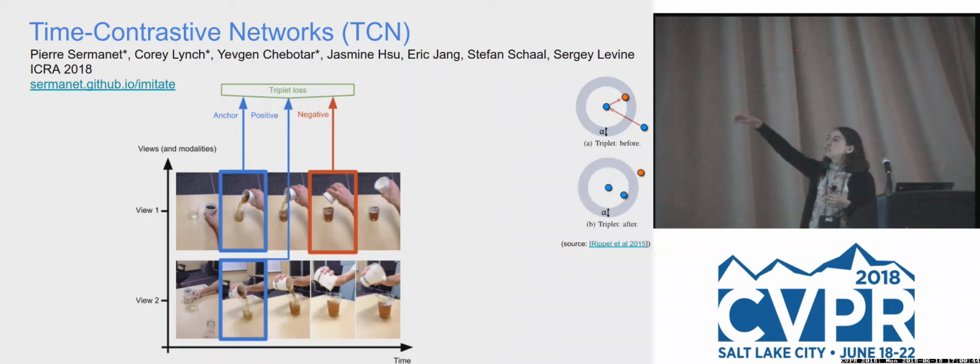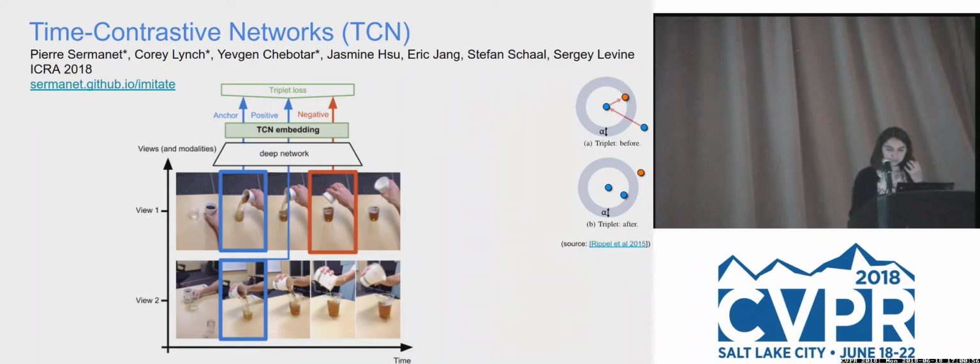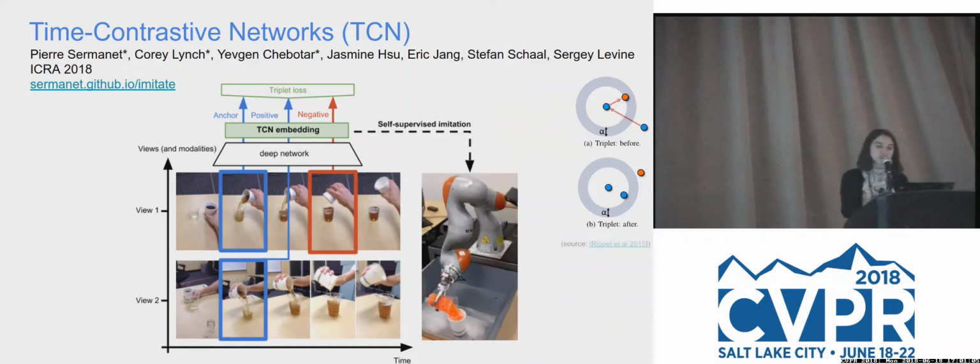If things that must be similar are far, they need to be brought closer within a certain threshold, and if things are too close but need to be separated, they need to go beyond a certain threshold. And so with that type of learning, they're building this, let's call it the TCN embedding.